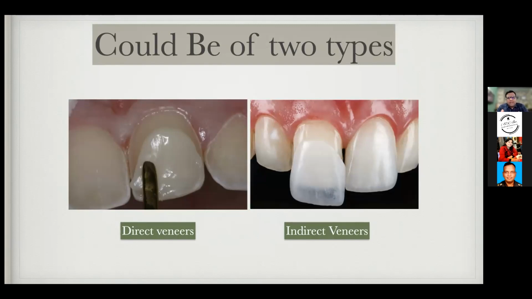When we say indirect veneers, you prep a tooth, you make an impression, you send it to the lab, which then pours the model, does a die cut, prepares these thin shells of porcelain for you, and sends it back. You will use a particular protocol to bond it onto the tooth. Now, veneers can never be luted, so you cannot use GIC for veneers.